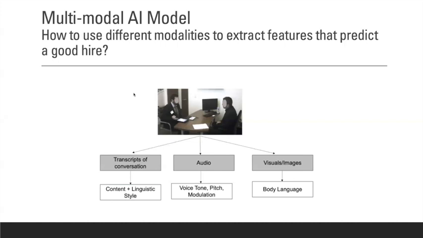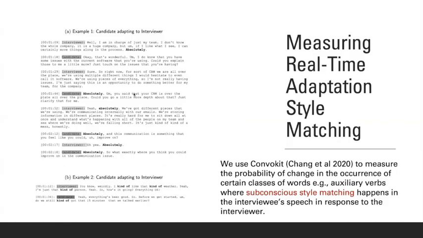I will not go through the details of all the feature creation process, but let me focus on some of the more interesting and novel ones. So let's talk about a very interesting feature of conversational videos, which is adaptation, which is known to be an important tactic in sales influence. In this paper, we focus on two dimensions of adaptation: style matching and active listening.